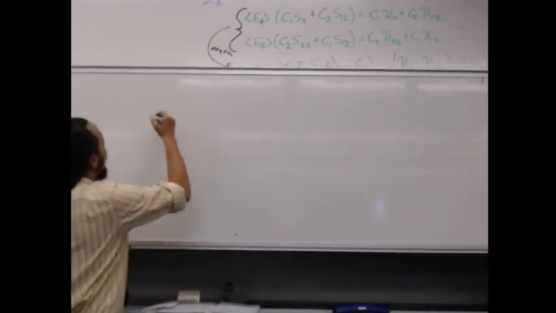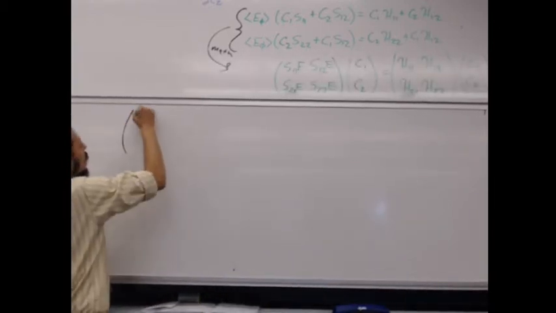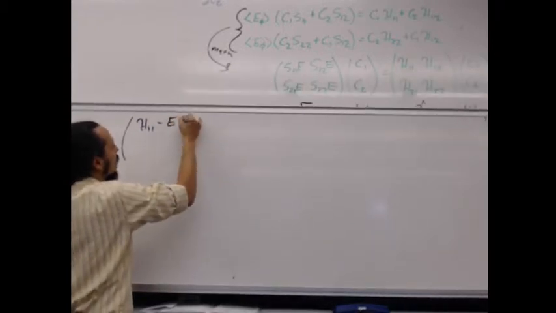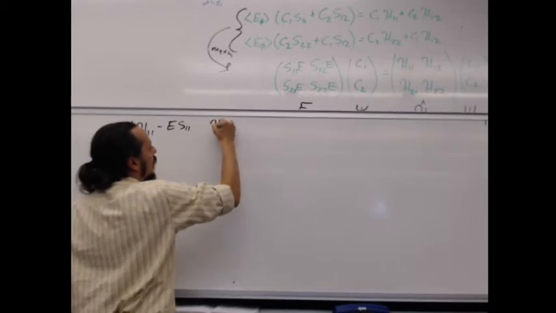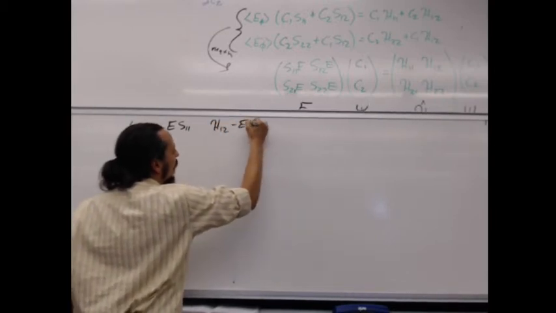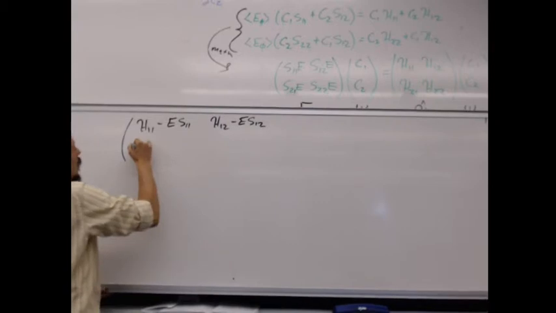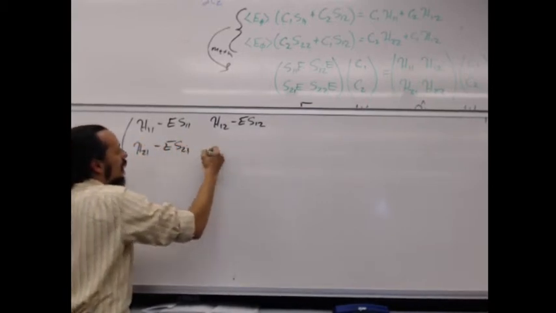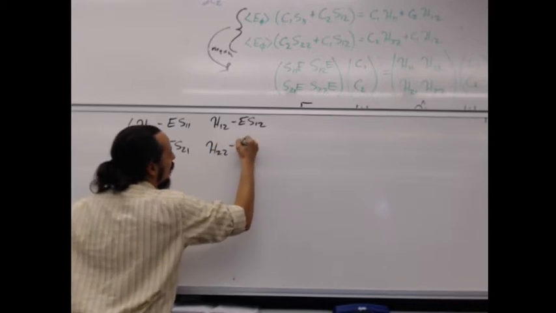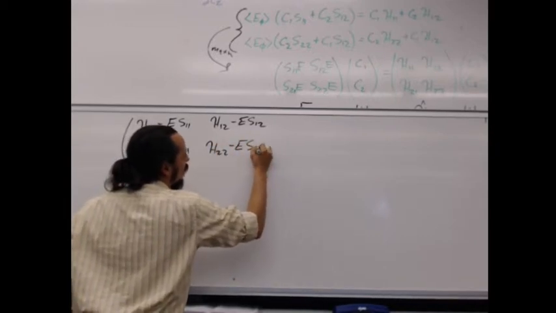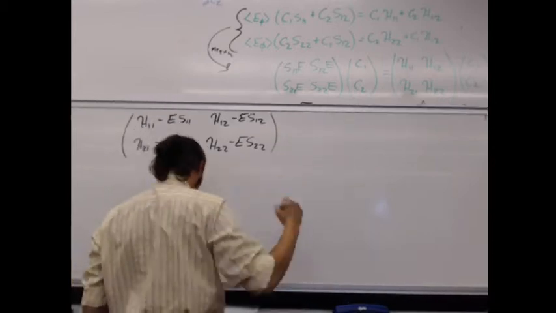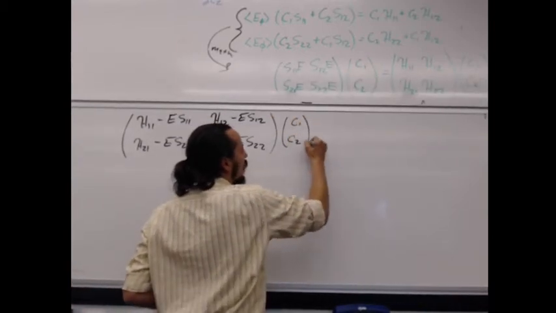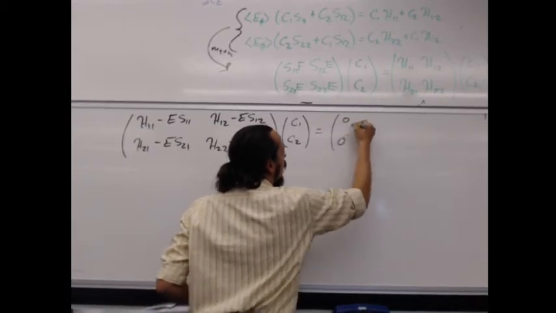And you essentially end up with H11 minus ES11, H12 minus ES12, H21 minus ES21, H22 minus ES22, times some C1, C2, is equal to 0.